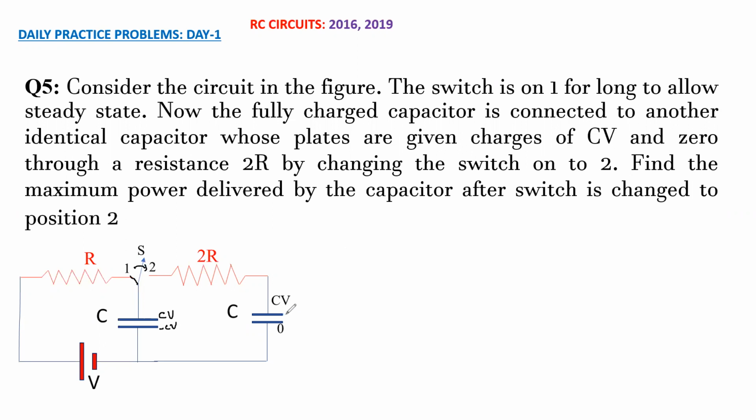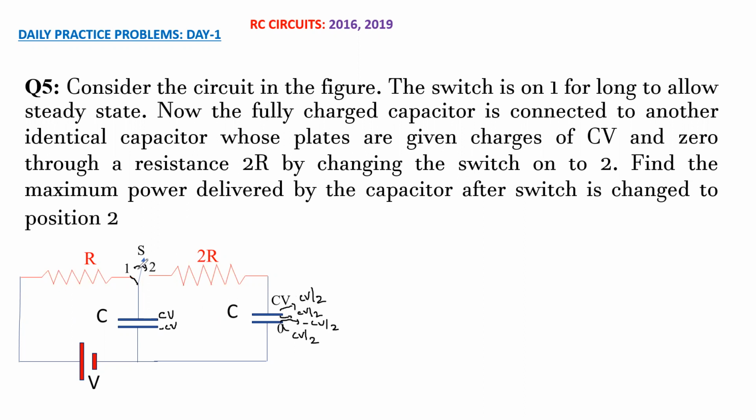Now we know that the second capacitor's outer surfaces will have half of the total charge each, that is CV by 2 each. And that is why the inner surfaces will have CV by 2 and minus CV by 2. That we can get by conserving the total charge on each plate.